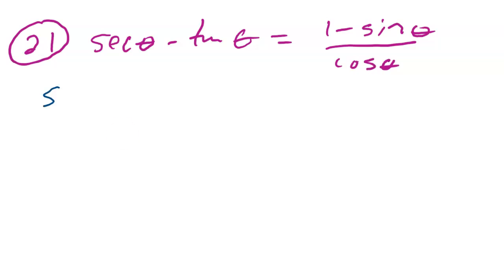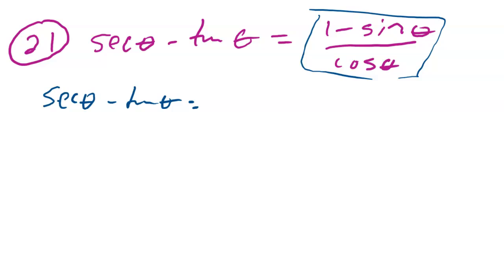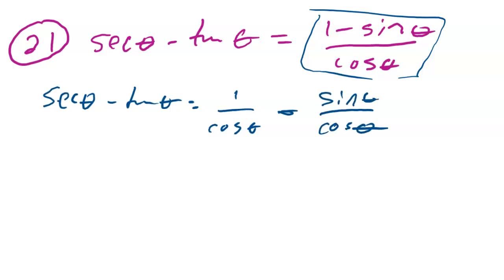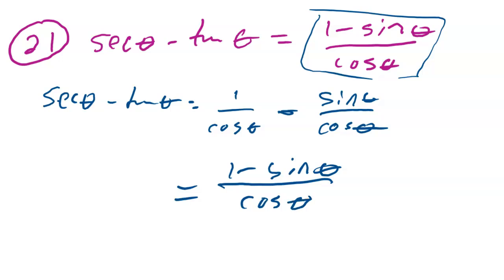I think they're both equally easy. So secant theta minus tangent theta. I'm going to go in sines and cosines. So I'm going to say 1 over cosine of theta minus sine over cosine of theta. And then I'm going to say this is 1 minus sine of theta over cosine of theta. And I'm done. Boom. Next problem.